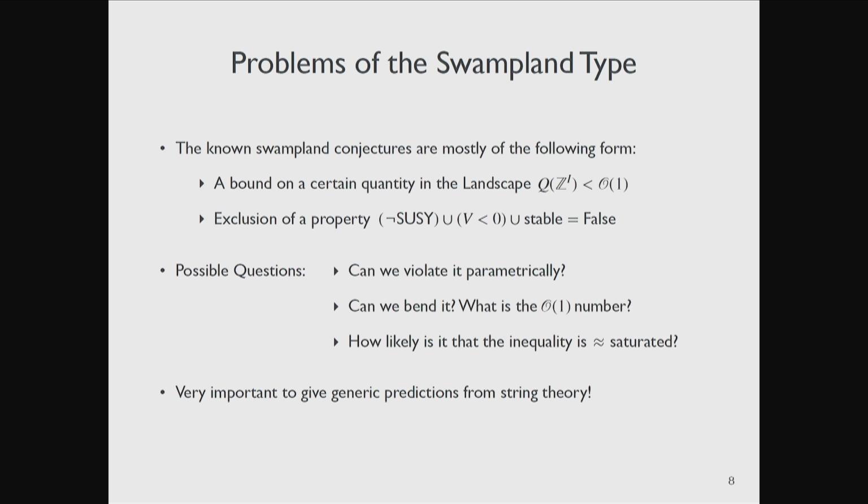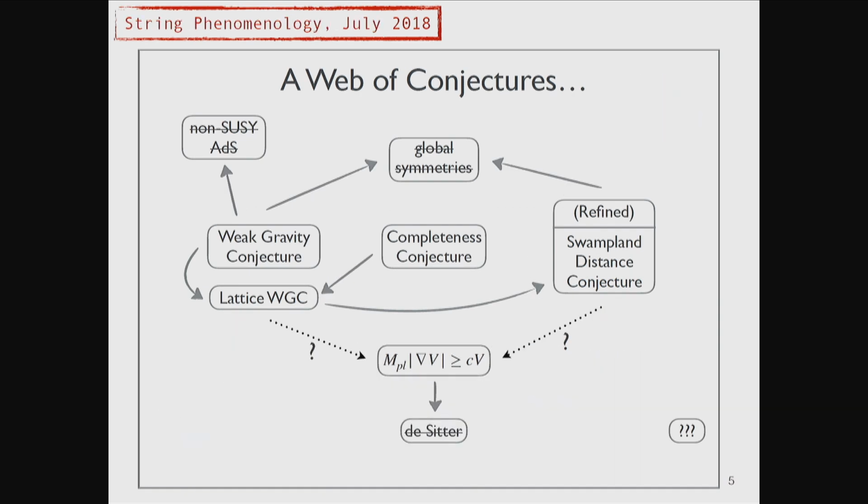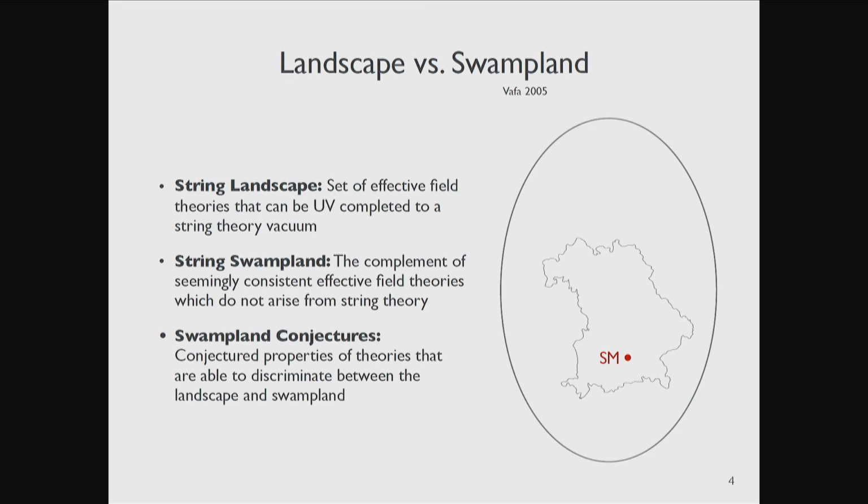Yeah, so this is certainly a question. And also how likely is it that the inequality is approximately saturated? So in this landscape picture here, this is the question, how are the string vectors basically distributed at this border in comparison to the bulk of the landscape?